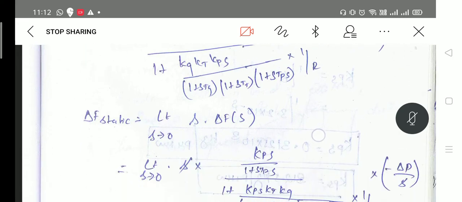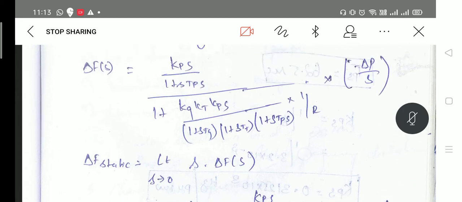After that we can apply the error formula. You know the error formula in control systems: limit s tends to 0 of s into E of s. Here, in place of E, we are taking delta F of s.